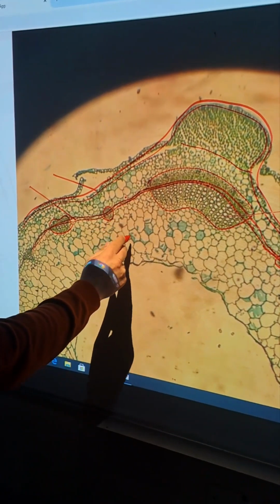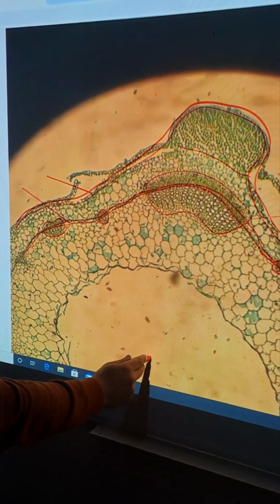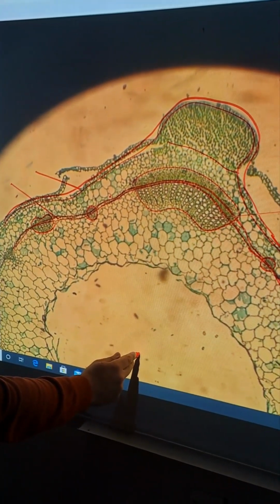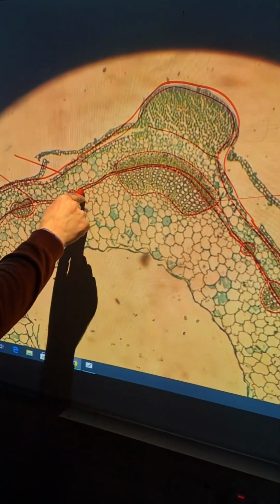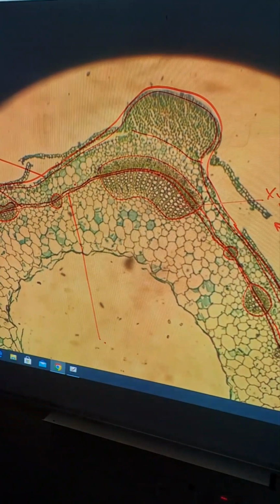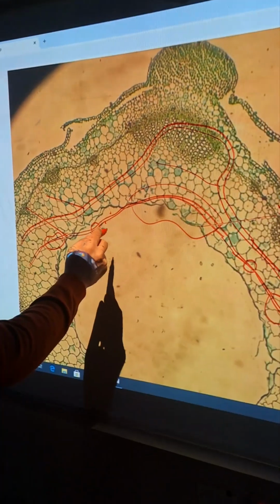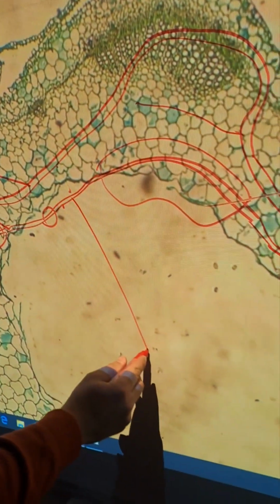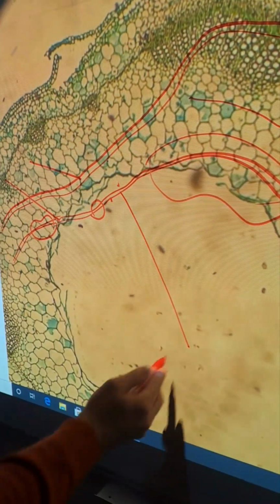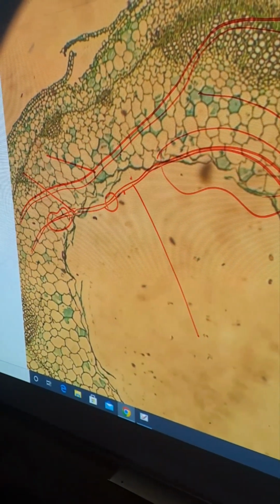From the endodermis all the way to the middle of the structure is called the pith. So the pith is all this distance right here, from the endodermis to the center of the specimen.